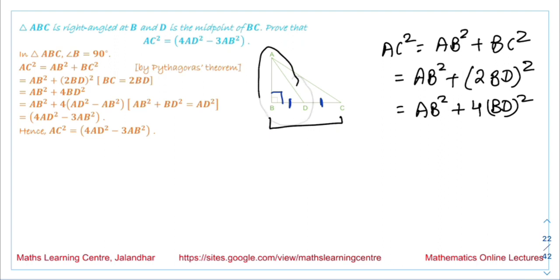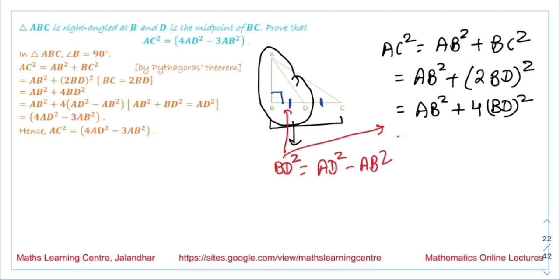Now from this triangle we are saying what is the length of this BD. BD square will be equal to AD square minus AB square. We are substituting this value in this equation and we will get AB square plus 4 times AD square minus AB square.